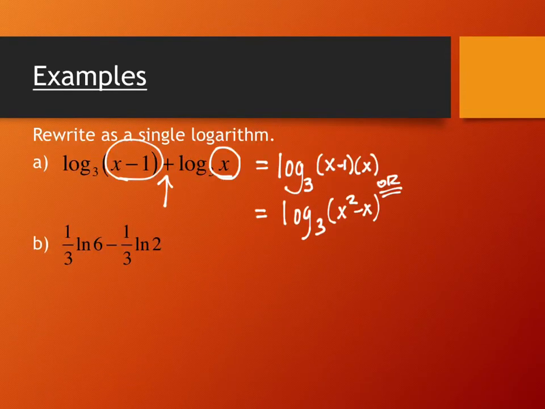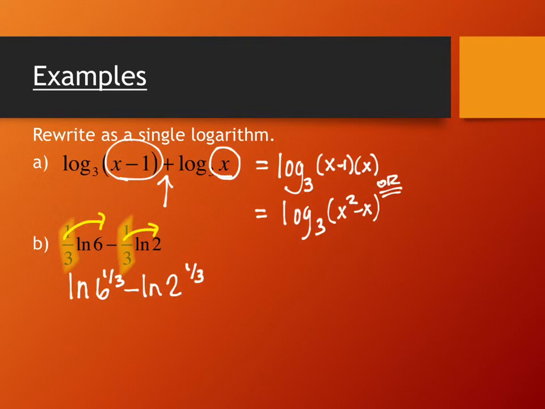So the first thing I will have to do on problem B is take each of these coefficients and make them exponents on the insides of the log. So I have the natural log of 6 to the 1/3 minus the natural log of 2 to the 1/3.